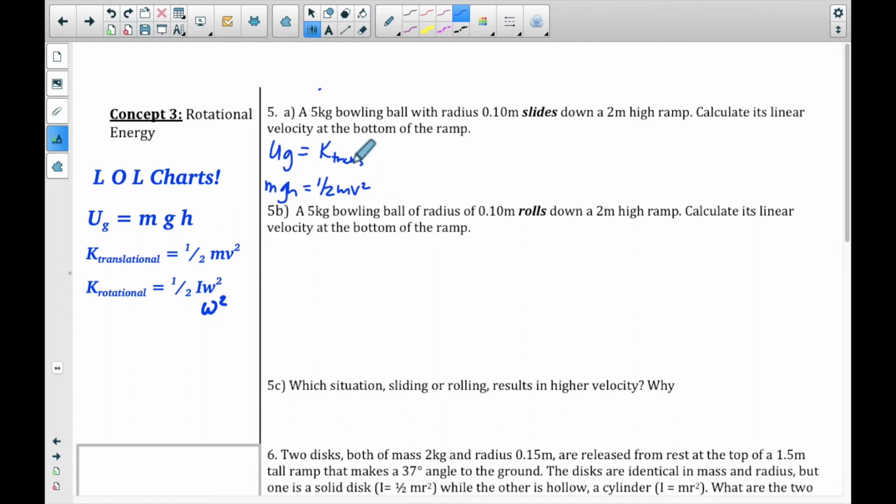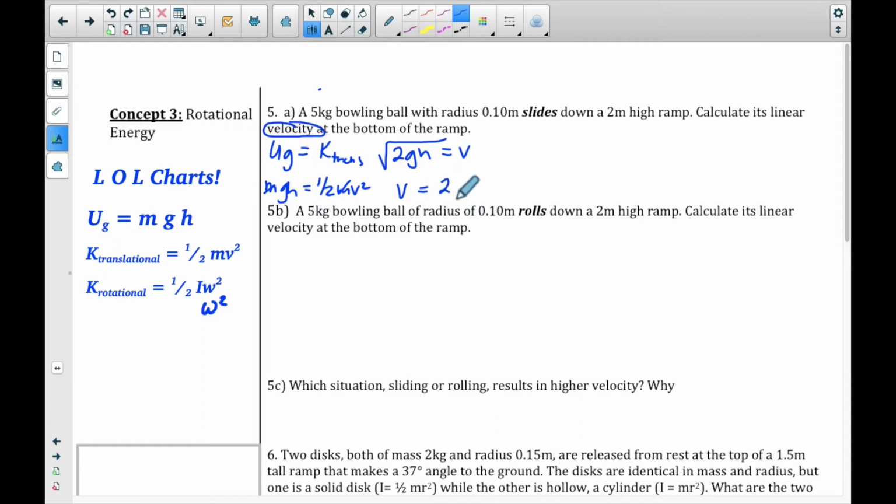When we were in this unit, we rearranged this because we're looking for velocity. The masses will cancel, and I'm going to multiply by 2. So I get 2gh is equal to v squared. In other words, the square root of 2gh is equal to the velocity. That's what we're looking for now, that linear velocity.